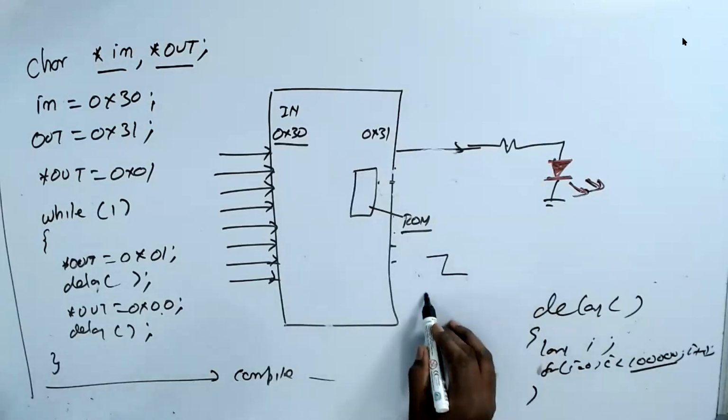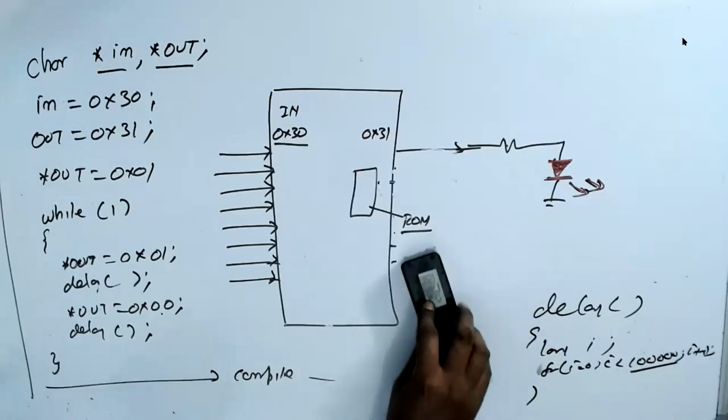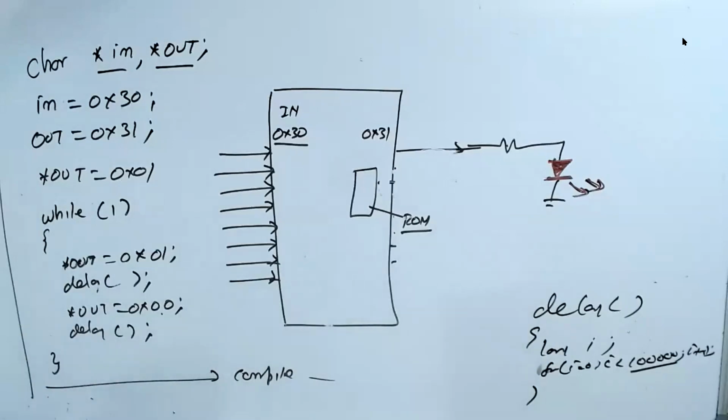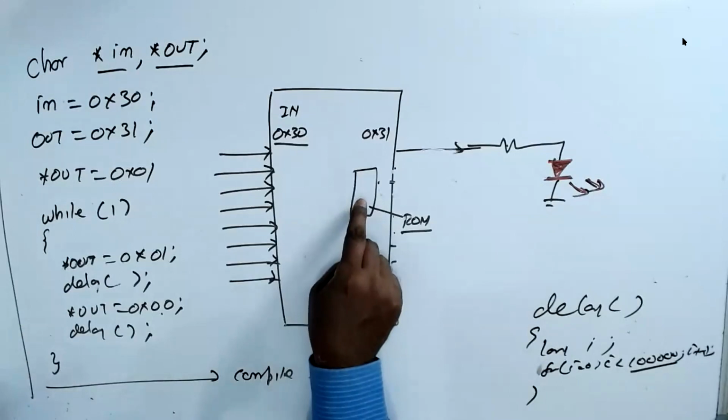Then I want 2 seconds. And sometimes I want the LED itself off. How do I do that? But you are not supposed to change the program.